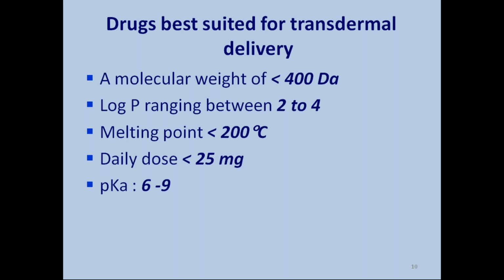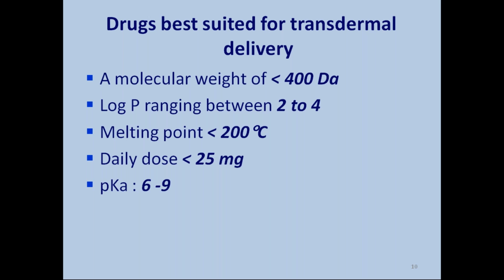Second one is the log P. What is log P? Anybody heard of log P? Any guess? Log of partition coefficient is nothing but log P, nothing big in that.